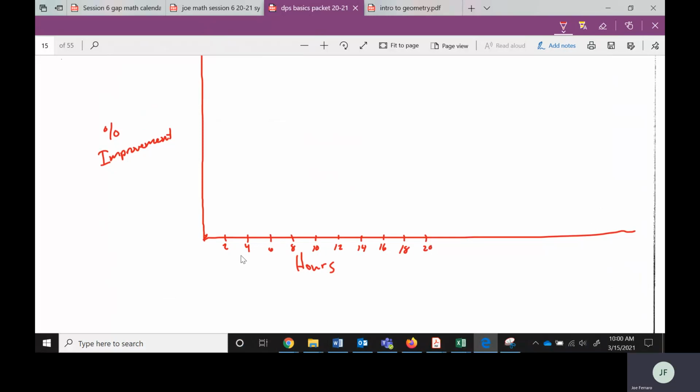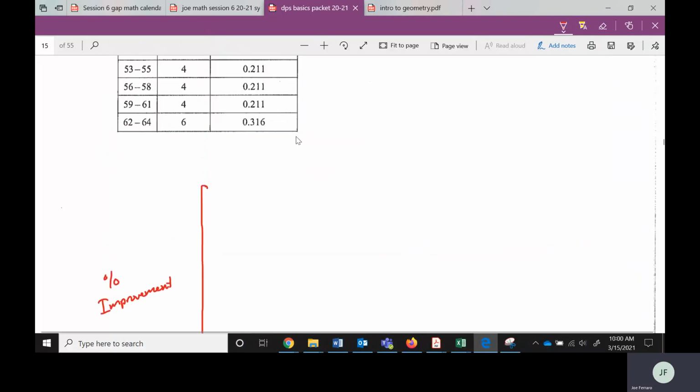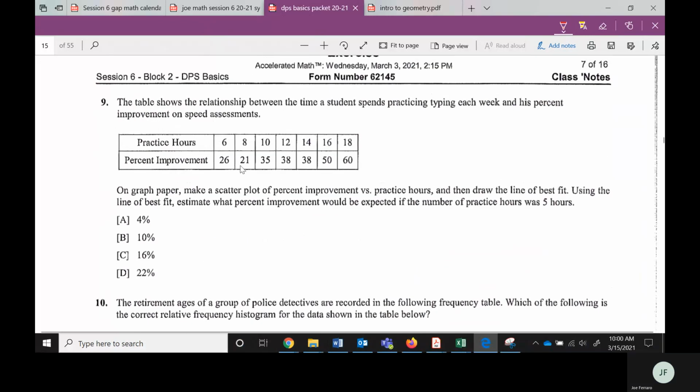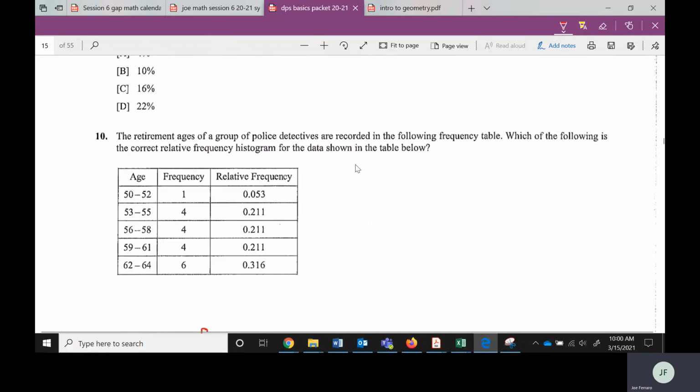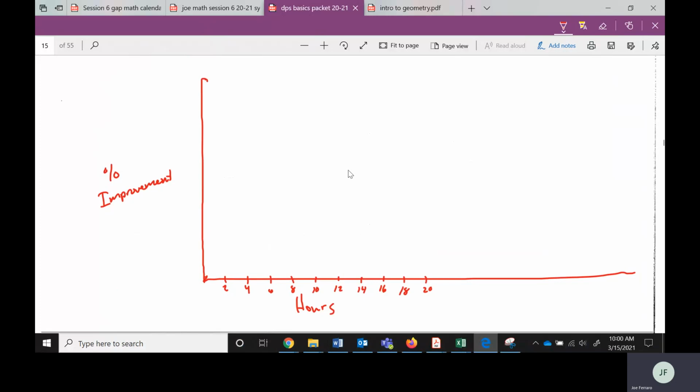Okay, now the percent improvements, they go from 21 to 60. So I'm going to go by tens, and maybe even go up to 100.